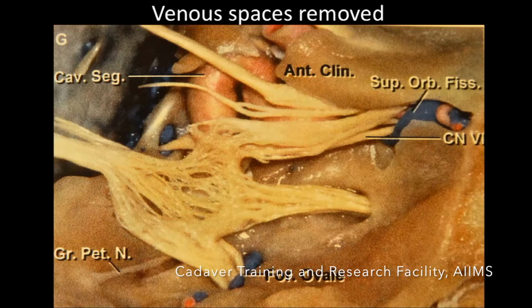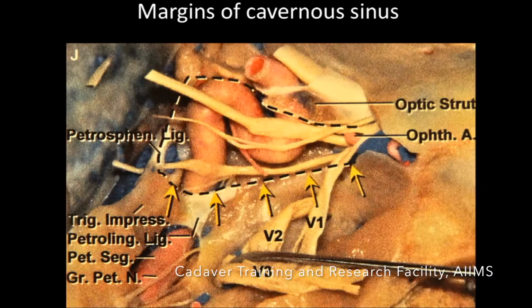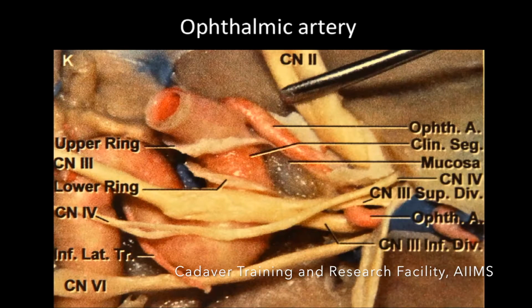You see the sixth nerve coming on the lateral surface of the carotid artery, and then the first division and the trochlear nerve both cross the third nerve. They converge and cross over the third nerve as they enter the superior orbital fissure. Petrosphenoid ligament. So these are the margins: anterior margin, inferior margin, posterior margin, and the superior margin.